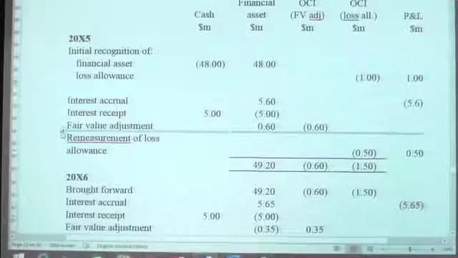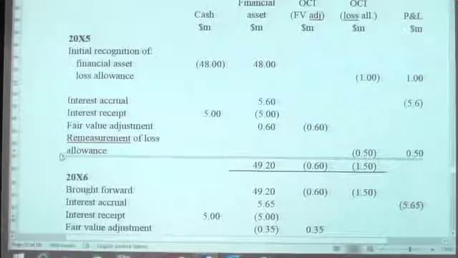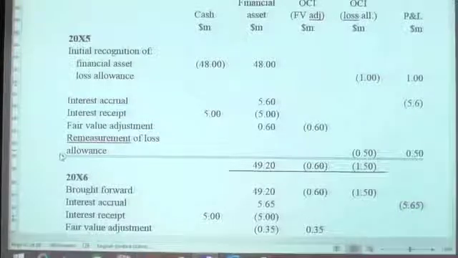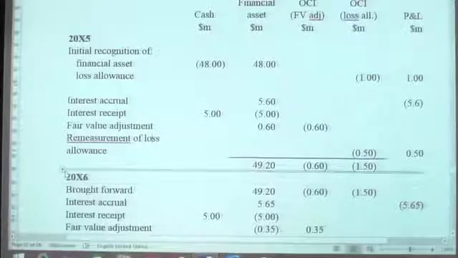Not only that, when it comes to the year end, again you have to reassess your loss allowance, therefore it should be increased by another 0.5, P&L debit, OCI credit. Finally year end balances are given here. Financial assets should be presented in the balance sheet at 49.2 as we discussed on the board, right?